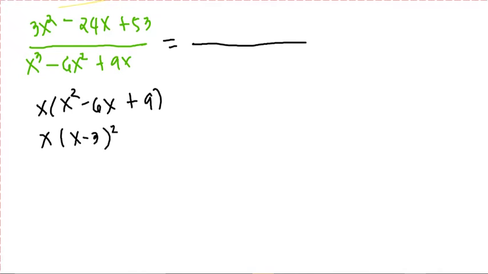So, take note, we have three factors to study. We have x as a linear and we have a repeated linear. So, we have x multiplied by x minus 3 squared. We have 3x squared minus 24x plus 53.